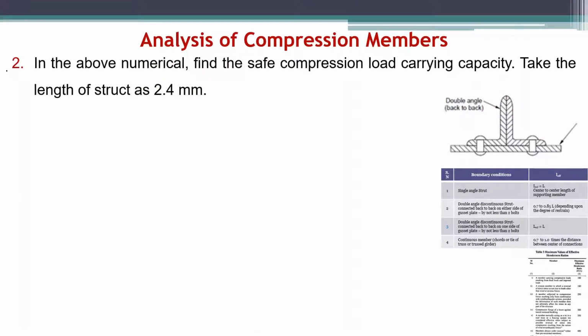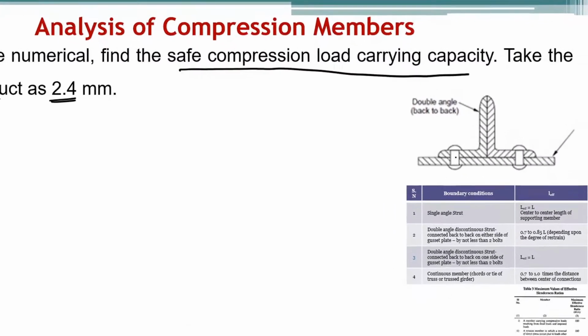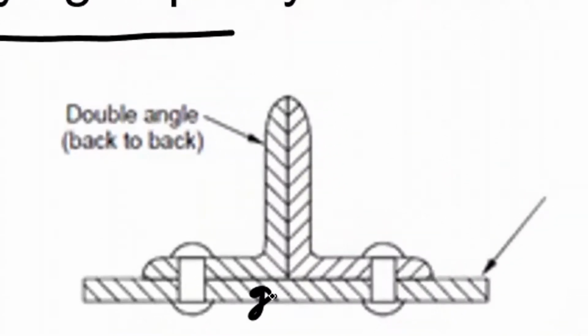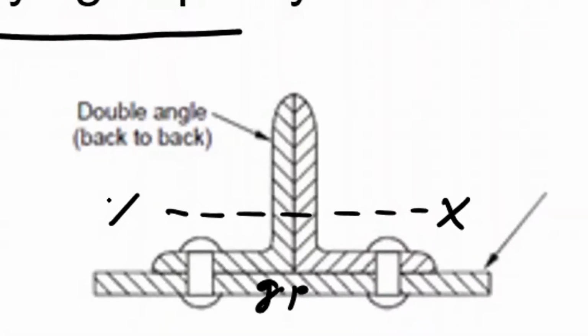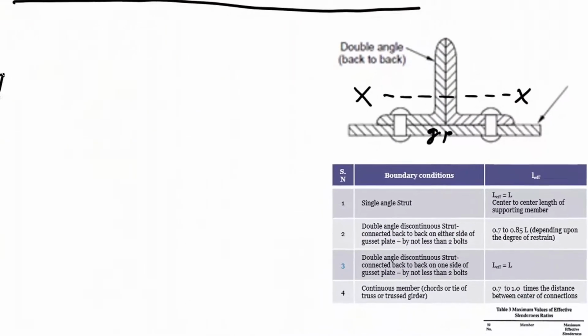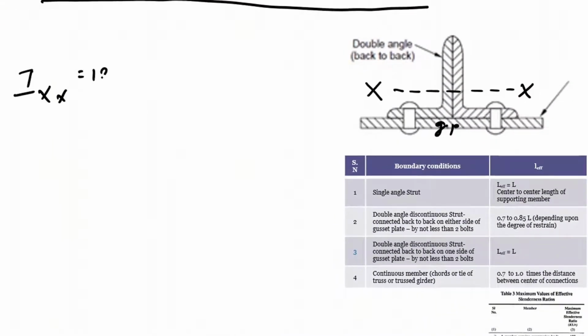Now the second numerical is, in the above question, find the safe compression load carrying capacity. So again, the connection is like this. This is the gusset plate and we have angles connected back to back on one side of the gusset plate, and we found that axis xx has the minimum moment of inertia, which is 12.67 into 10 to the power 6 mm to the power 4, and R minimum, Rx, is the R minimum.